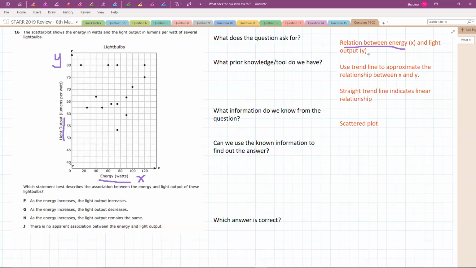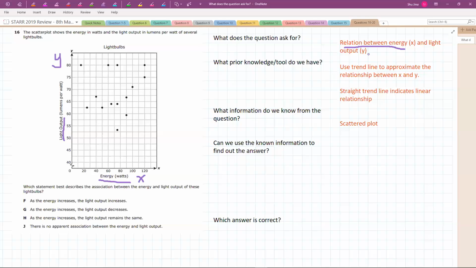From question 13, we learned that we can use a trend line to approximate the relationship between X and Y, and if we have a straight trend line, that indicates a linear relationship. So we will use a trend line to predict the relationship.